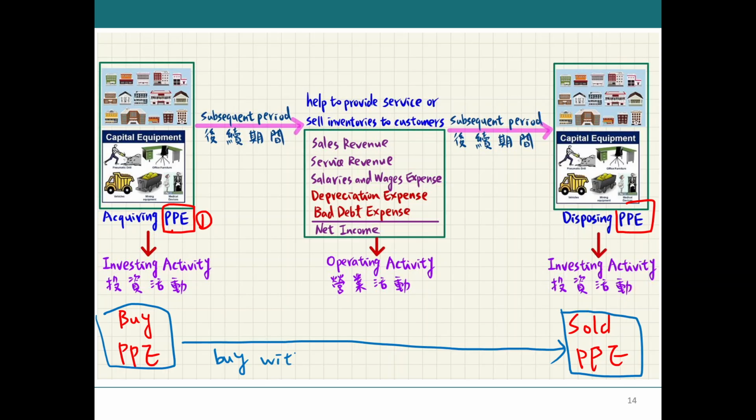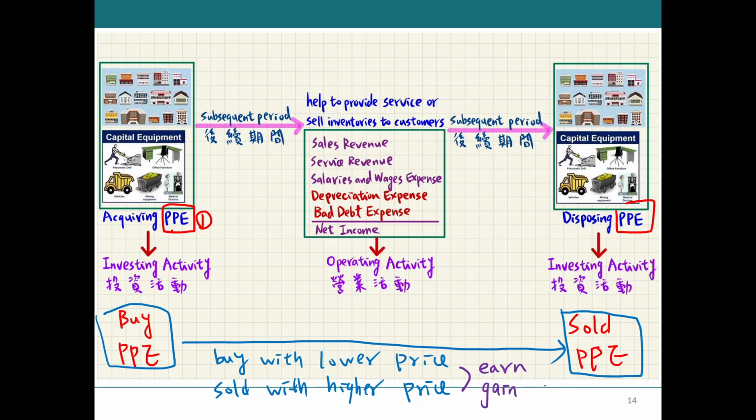So you buy with lower price and sell with higher price. Only this situation could help you to do what? To earn your profit, your gain.